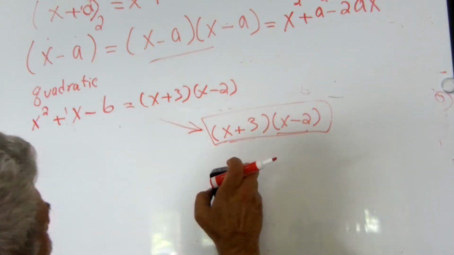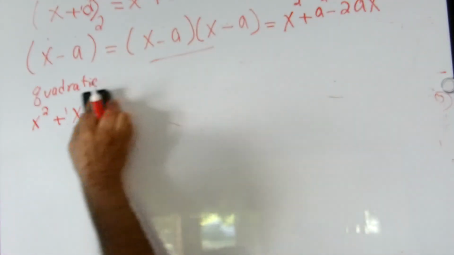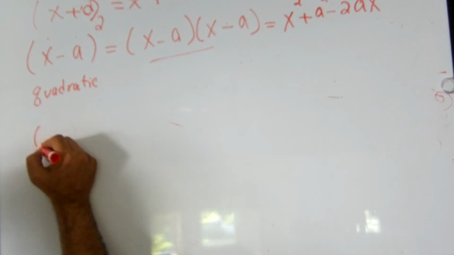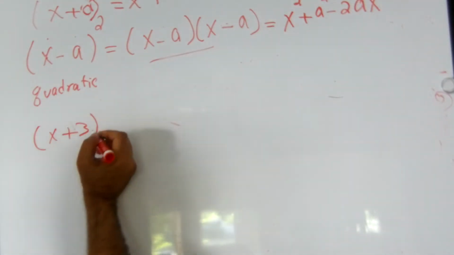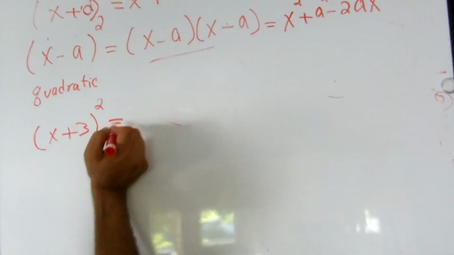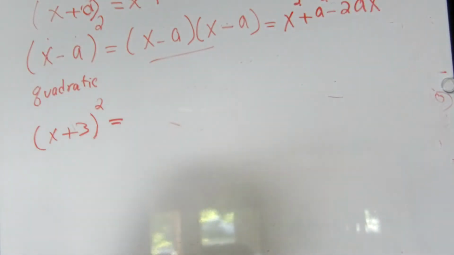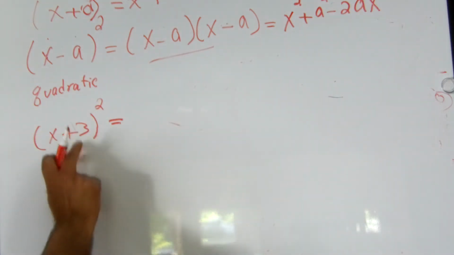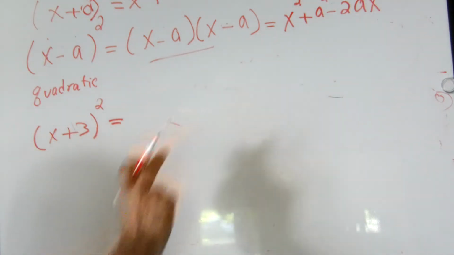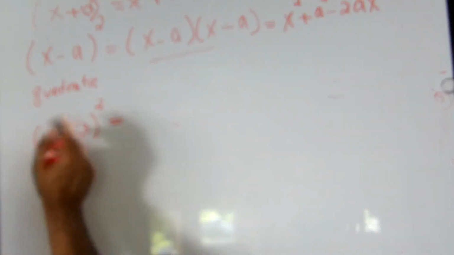Let's get back to that example. We have x plus 3 to the power of 2. Instead of multiplying, it's x plus 3 times x plus 3, and then you find the standard form. But there is another way to do that.